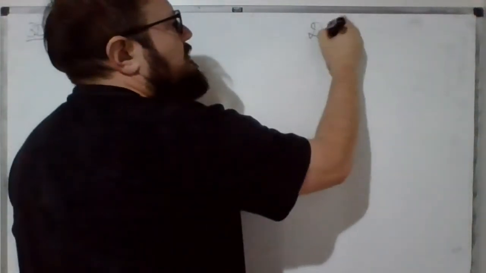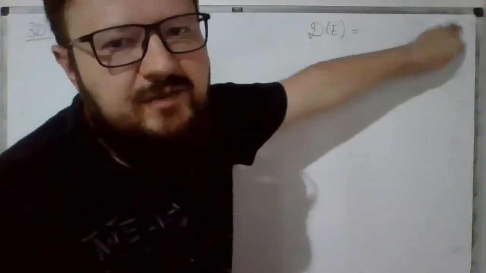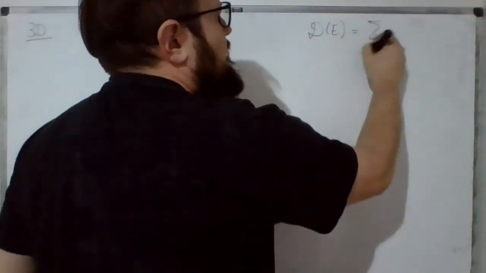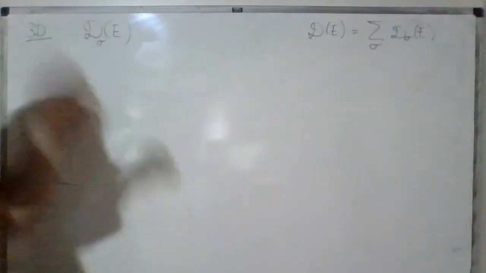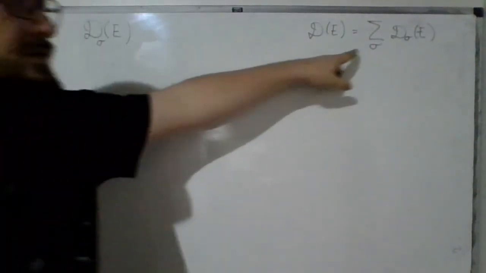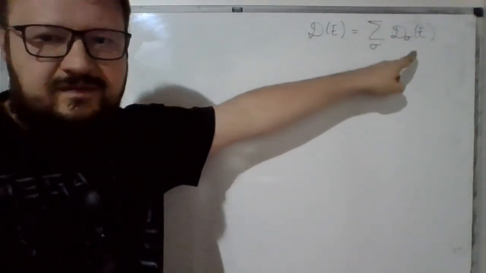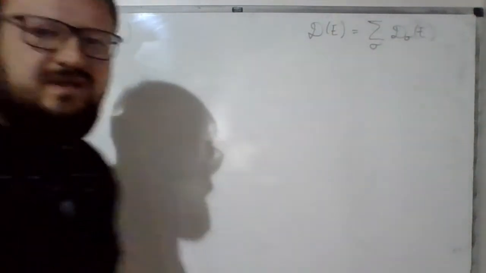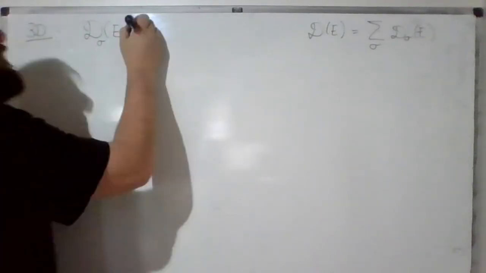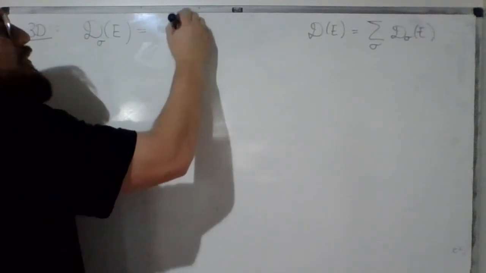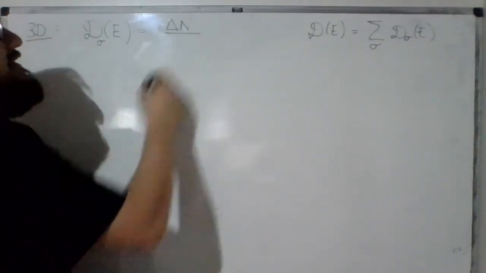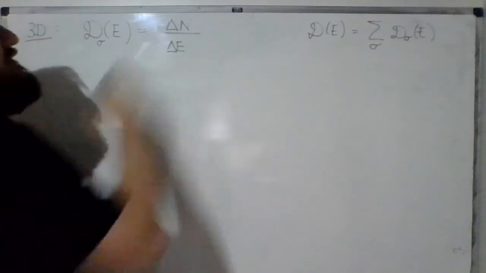The total density of states, in the case of degeneracy by spin, is a summation over spin of the sigma of E. So this is a factor of 2 if the energies are the same for both spins. So we have to calculate the same way, delta n divided by delta of energy.